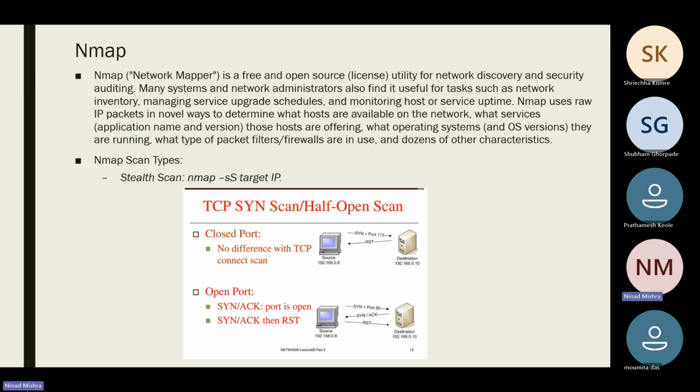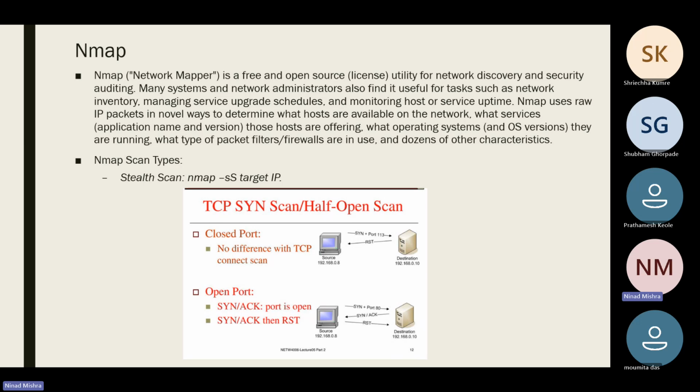That's why I'm saying that just try to get a lab for it, and try different types of Nmap commands, which will help you identify what kind of information we can extract.